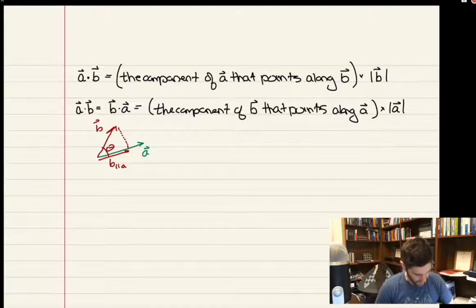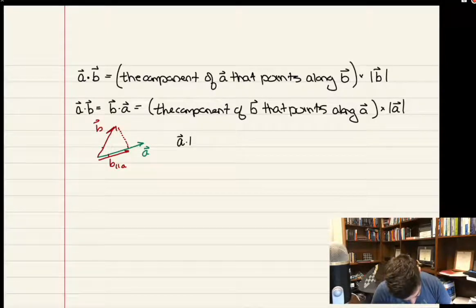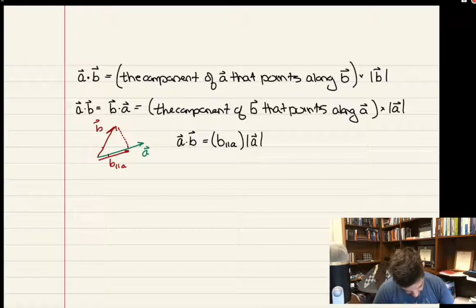But maybe we don't know that angle. Maybe that's not given to us. What this is saying is that A dot B is giving us that parallel component multiplied by the magnitude of A.